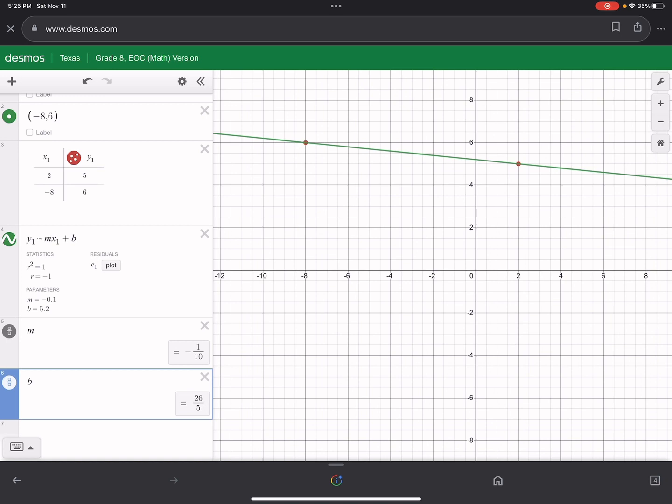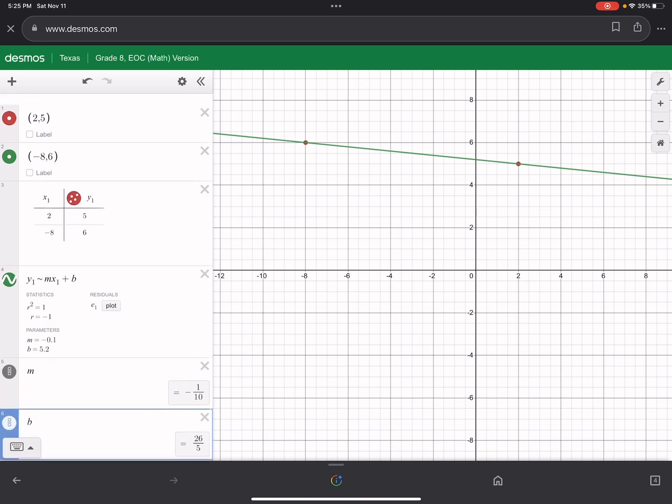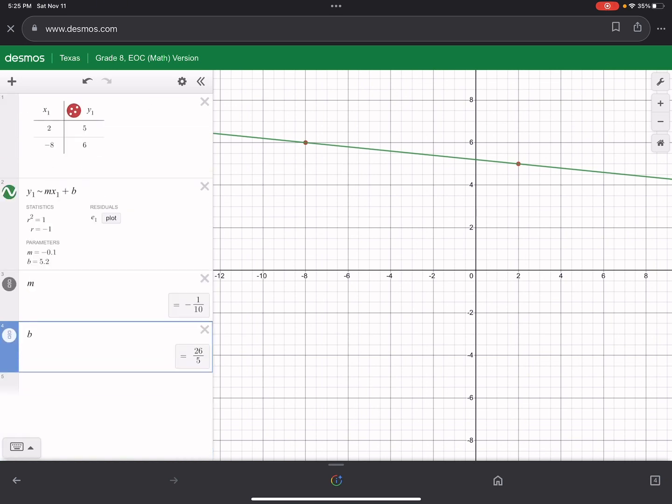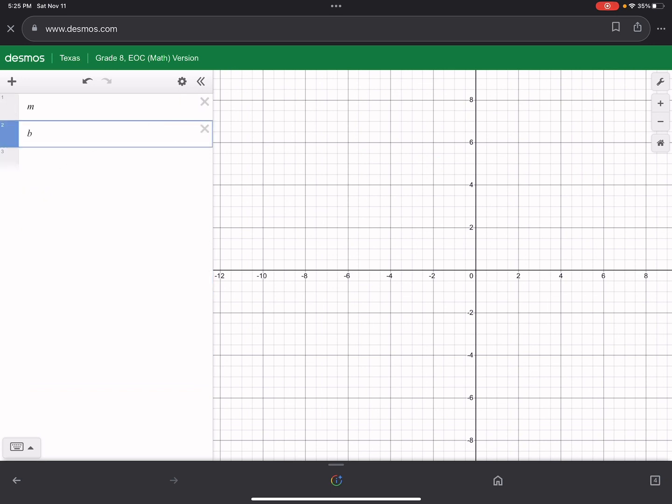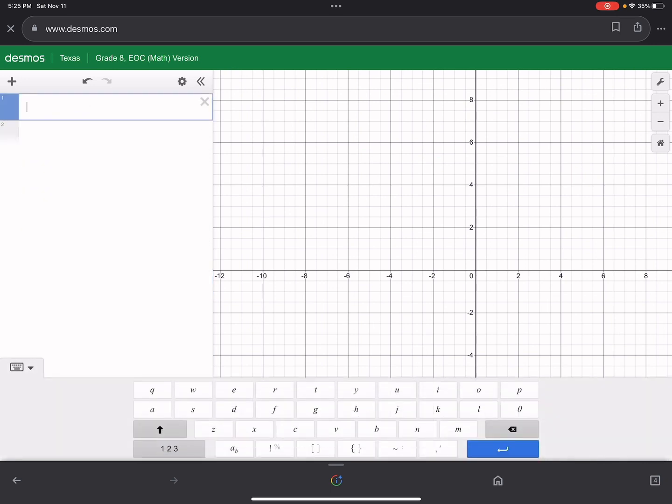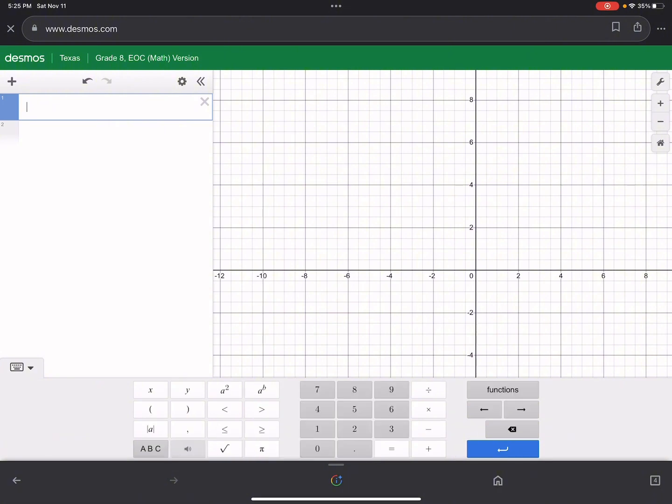Okay, let's do another one. Let's do another one so that we can get some practice. Let's say I want to do the point (-7, -6).